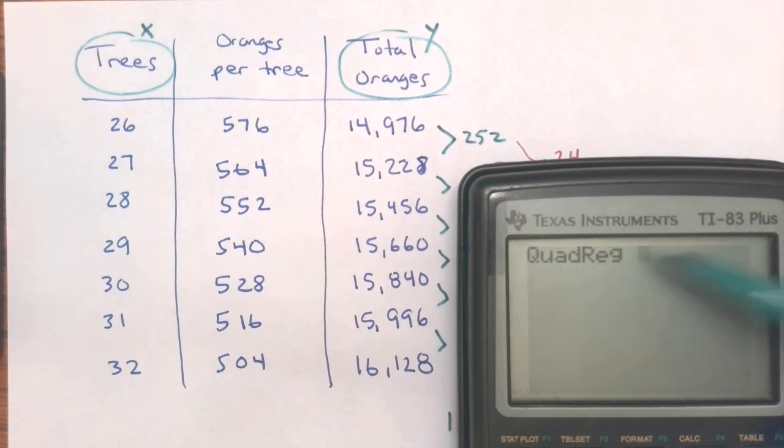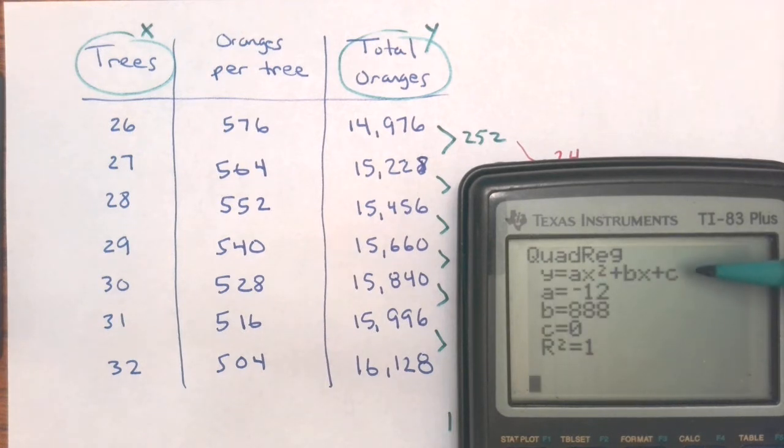That will cut and paste the quadratic equation command out to the main screen, and you just hit Enter one more time. It tells you that your equation that we're going to be using is y is equal to ax squared plus bx plus c, and then it tells you what a and b and c are equal to. So that gives us our equation.